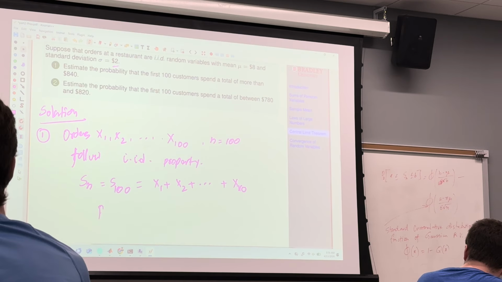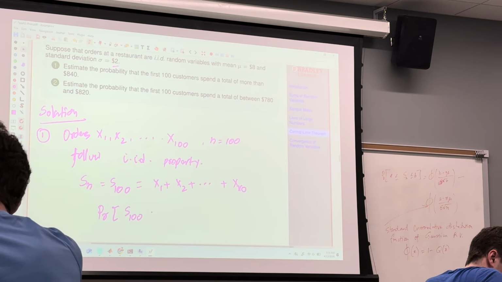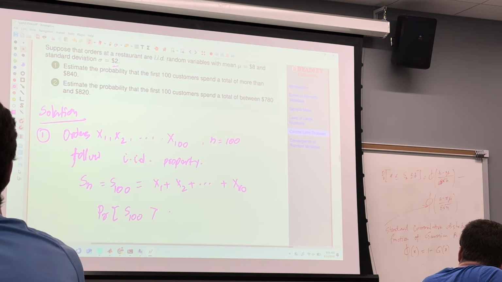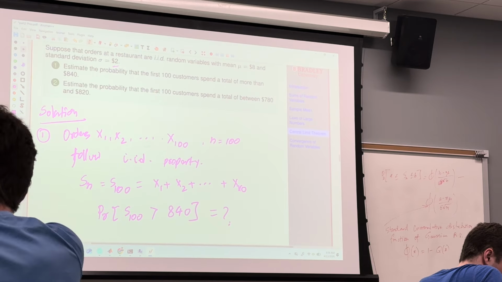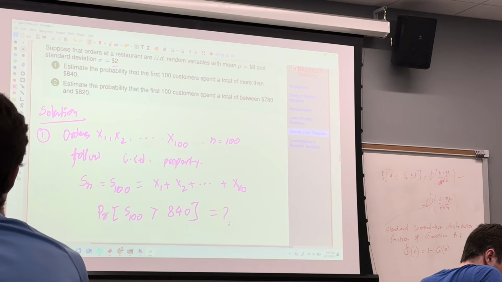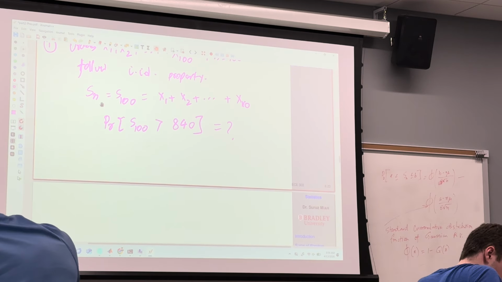So the objective is the probability that S100 is greater than $840. That's all the problem is. Now see how I apply the central limit theorem.